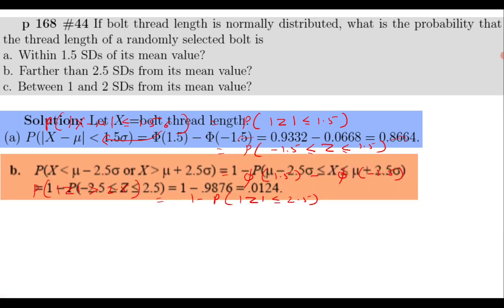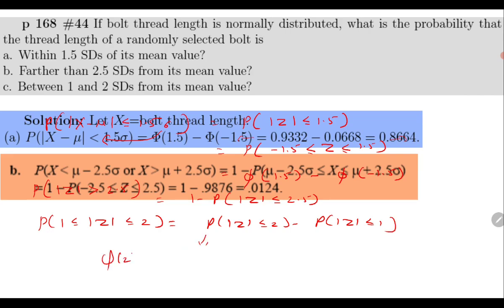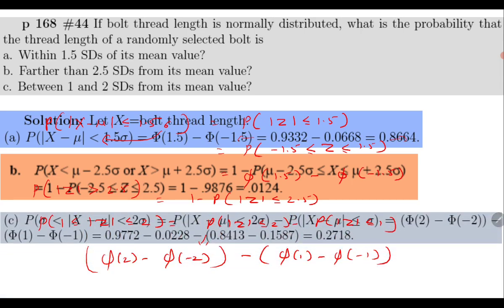In between 1 and 2, which means probability of 1 less than or equal to mod z less than or equal to 2, which is probability of mod z less than or equal to 2 minus mod z less than or equal to 1. Now this becomes phi of 2 minus phi of minus 2, and this becomes phi of 1 minus phi of minus 1. Again from the table, get the required values and verify your answer.